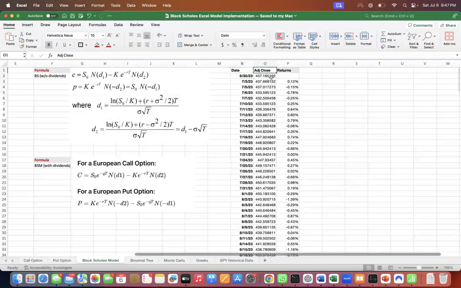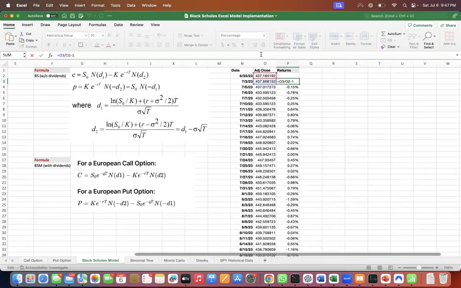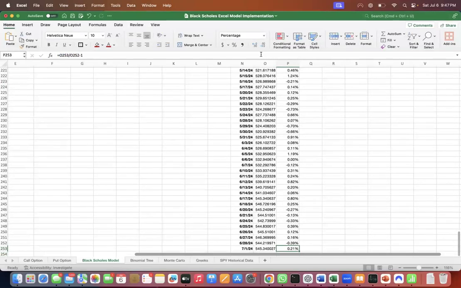I've just taken the adjusted close price of the SPY, and calculated the returns of it. How to calculate returns is current price divided by yesterday's price minus one. You just need to drag down the formula till the end.